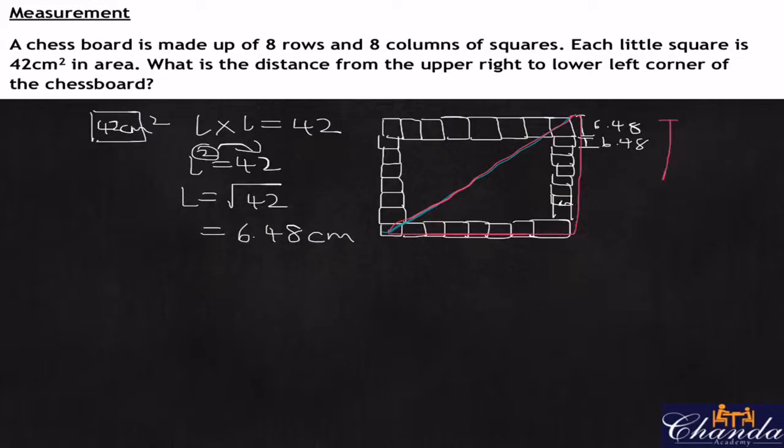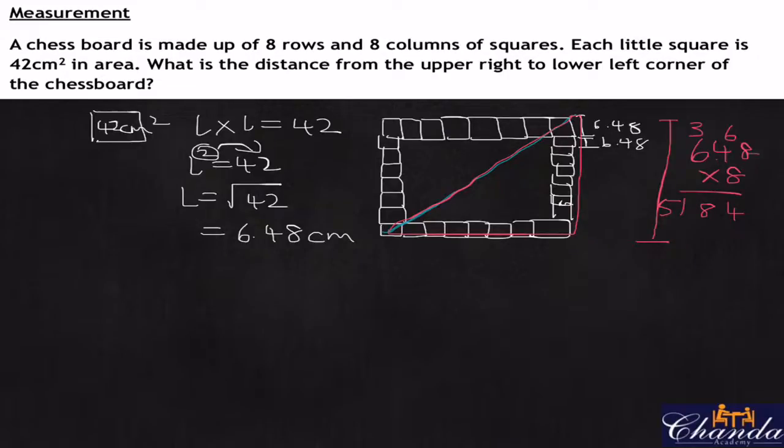And this particular side here would simply be 6.48 multiplied by 8 because that's how many small squares make up that particular length there. So 6.48 multiplied by 8: 8 times 8 is 64. 8 times 4 is 32, plus 6 is 38. 8 times 6 is 48, plus 3 is 51.